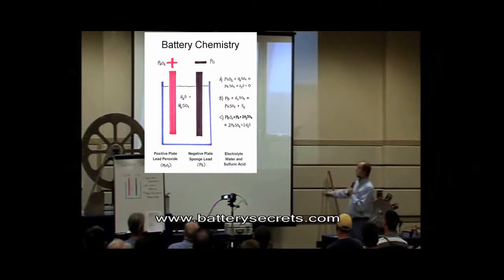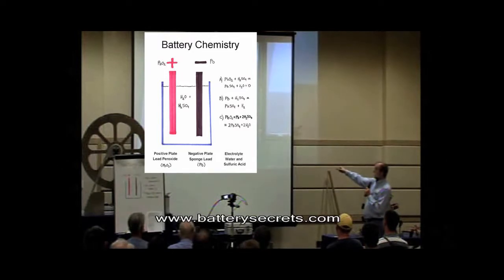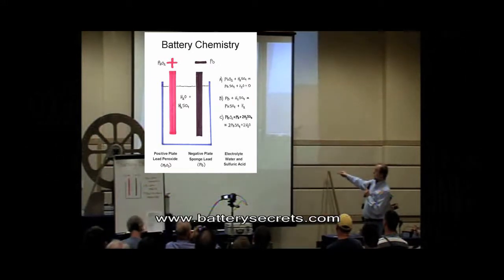Now, when the sulfuric acid attacks the negative plate, we get a slightly different reaction, and that's described as number 2. Here again, the sulfate ion combines with the lead, and now we are left with hydrogen.